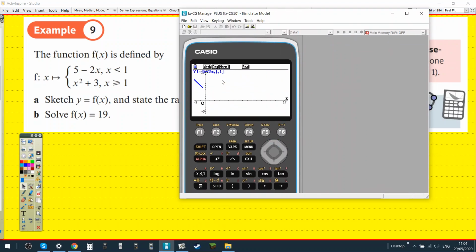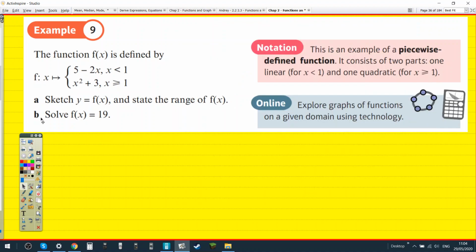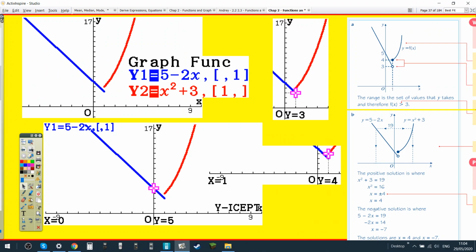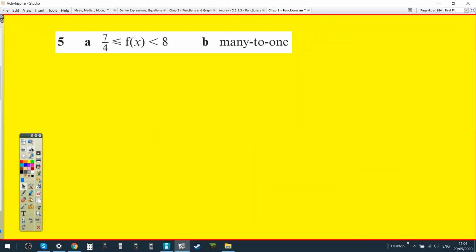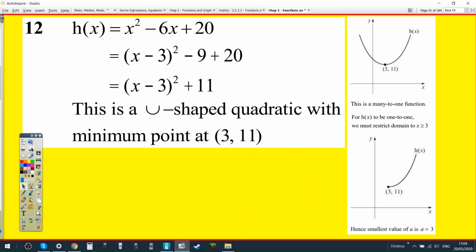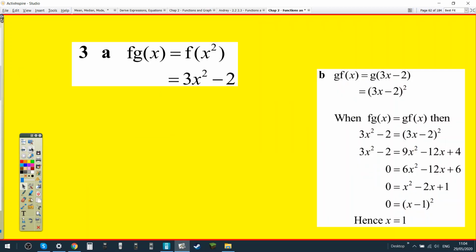So press equals, and there you go. So in one go, you don't even have to consider anything, it's just graphed for you. That's that, and there's their answer. I suppose you have to do a little bit. So we'll use it again later before the next thing up.